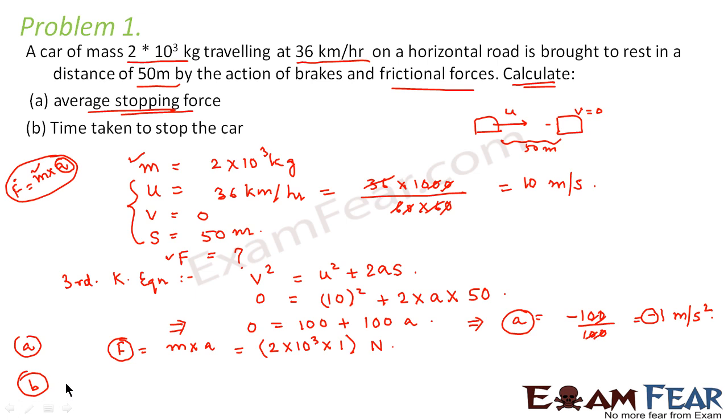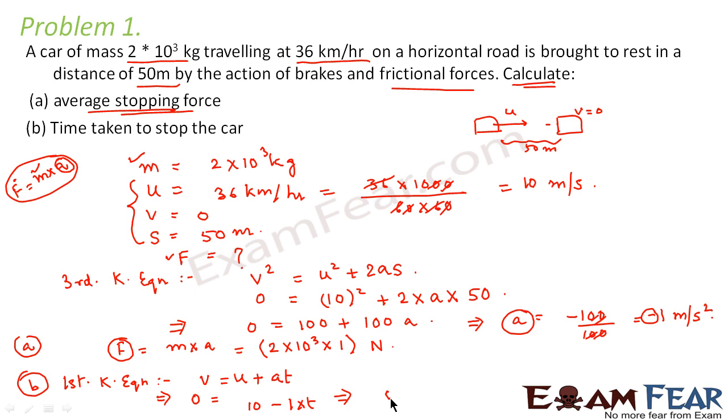So here again we will use the first kinematic equation. The first kinematic equation says v is equal to u plus at. So v is equal to 0, u is equal to 10 meter per second, a is equal to -1, and t we have to calculate.